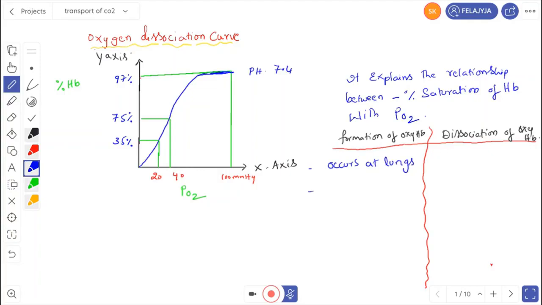Then factors favorable for formation. What are the factors favorable? Let us see.